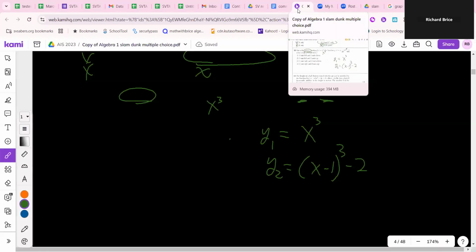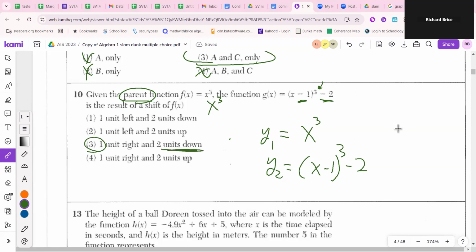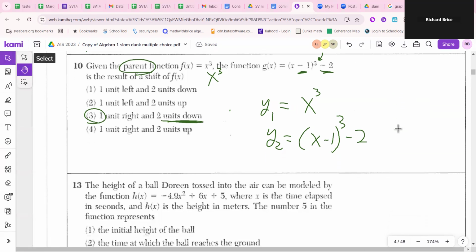Not a coincidence. You can see the same thing on your graphing calculator. Just use your tool, your graphing calculator.